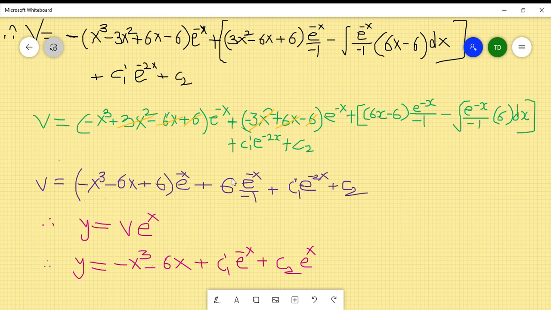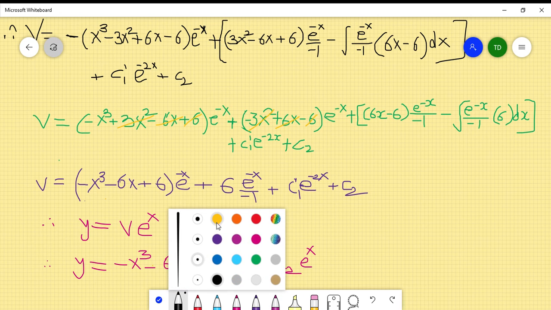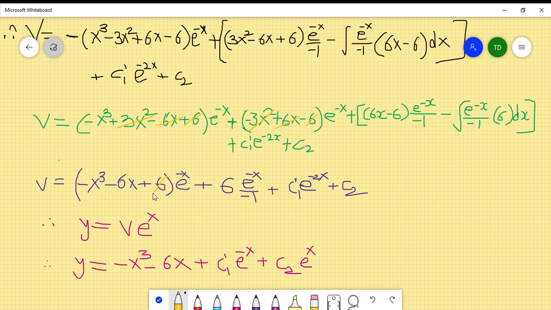This plus 6 and minus 6 has already gone off. So let us cancel it at the same time, yes, this is getting cancelled. So we are only getting minus x cube minus 6x plus c1 dash e raised to minus x plus c2 into e raised to x.